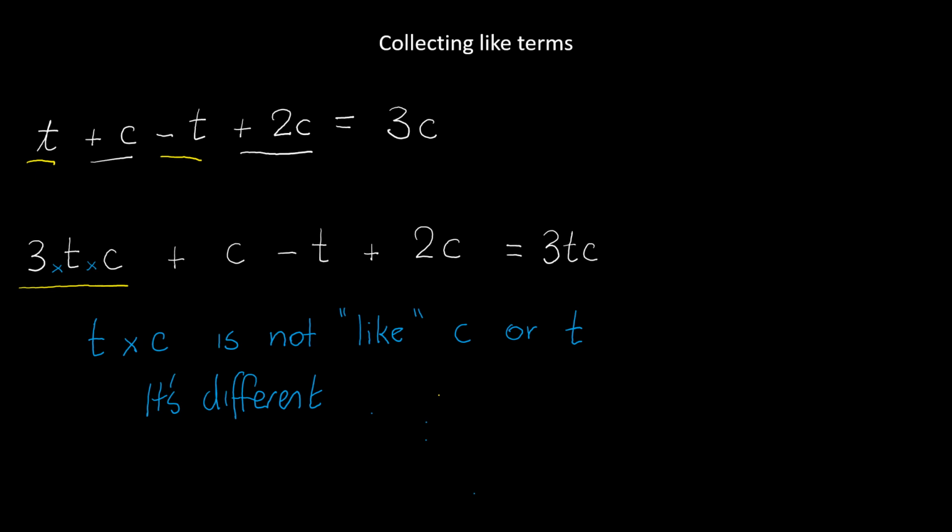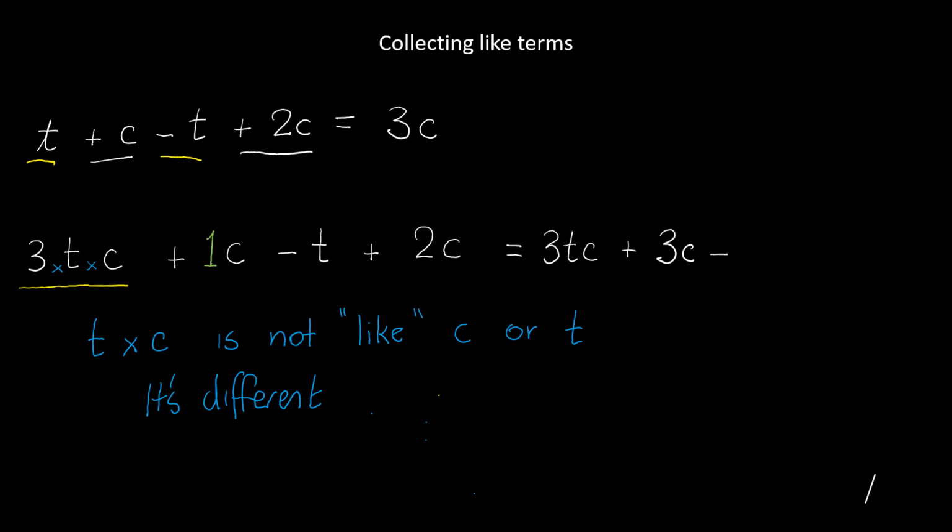Then let's have a look at the C's. How many C's do we have? We've got plus 1C. You can see I've just written plus C. There is an invisible one in there that we don't bother writing. So I've got 1C there, and I've got 2 more over here on the right. So that gives me 3 C's.